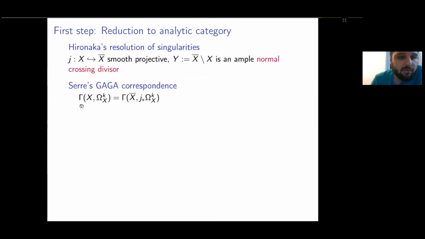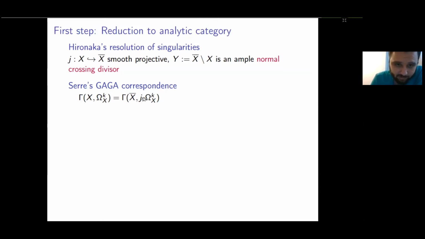In the following way. First of all, our statement is a statement about the cohomology of the global sections of algebraic differential forms. We can see these algebraic differential forms, which are defined over the affine variety X, as algebraic forms defined on the completion.